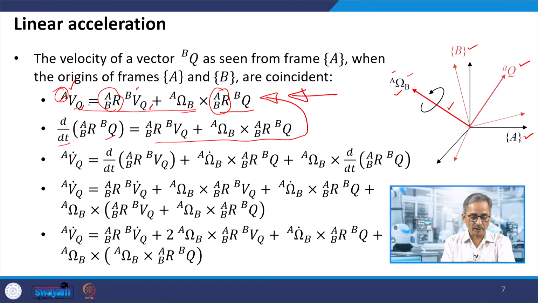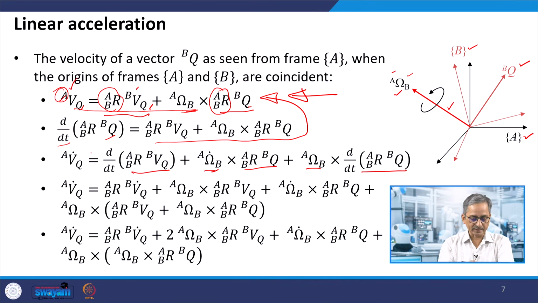We have d/dt of this term, plus the derivative of this term crossed with the same term over here, plus this term crossed with the derivative of this term. Here I basically used the derivative of the product of two terms.